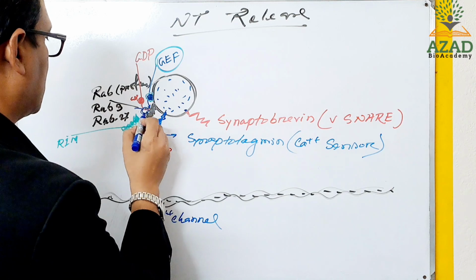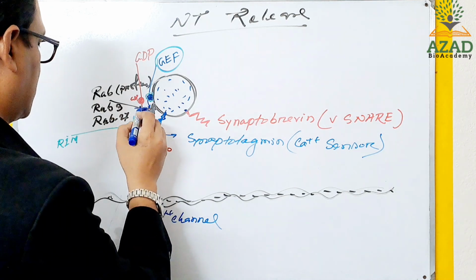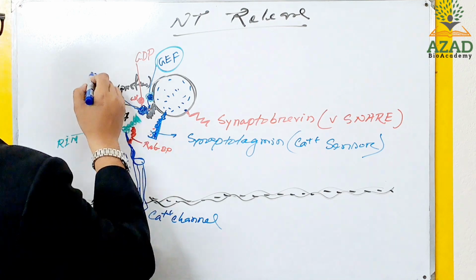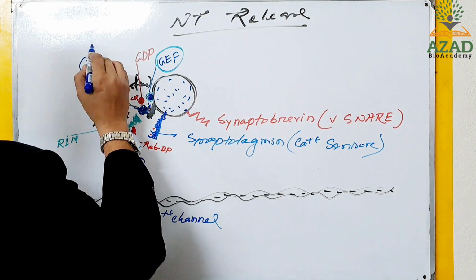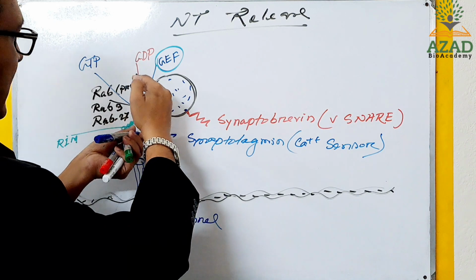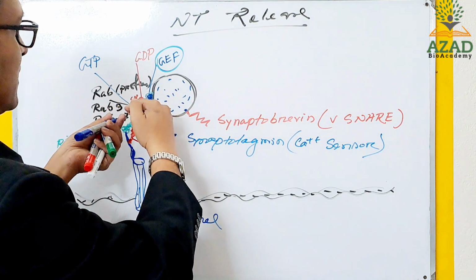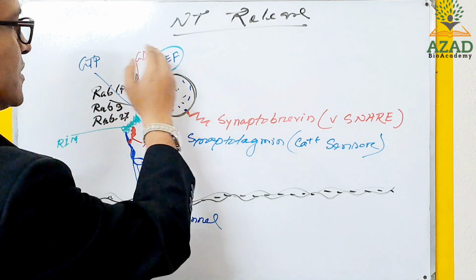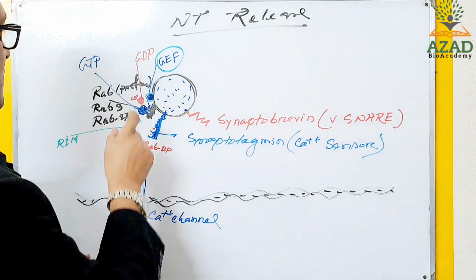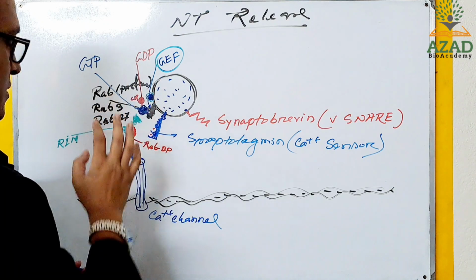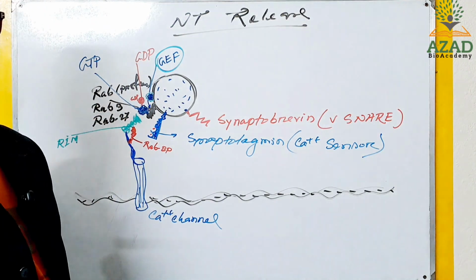That means GDP will be exchanged to GTP by the activation of GEF. This is exchange, not conversion, as in the G protein.